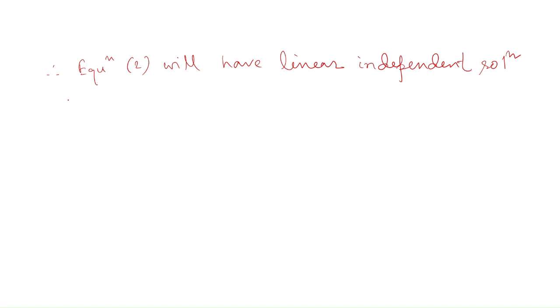Equation 2 will have a linear independent solution. So we can write that x1 plus (minus 2 by 5 minus i by 5) x2 equal 0.